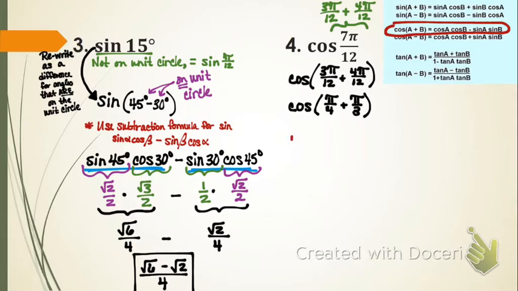All right, so I need cosine of pi over 4 times cosine of pi over 3. What operator do I want in between? Look at the formula. Cosine is weird. It groups my cosines at the front, it groups my sines at the back, but then it is the opposite operator.